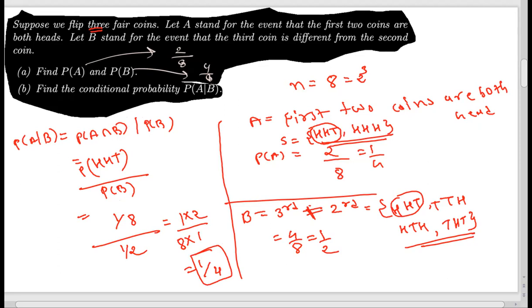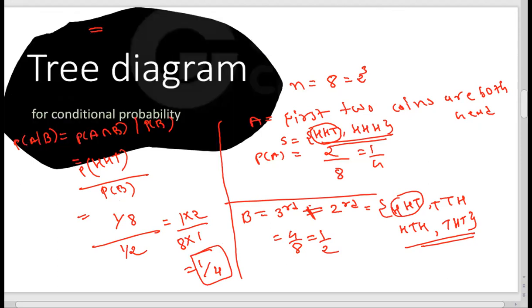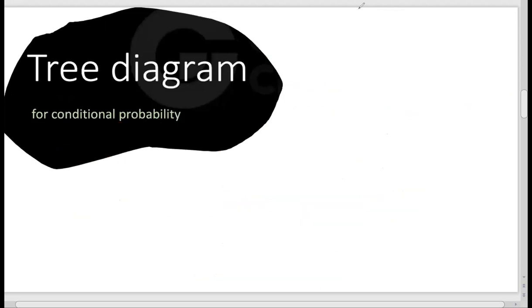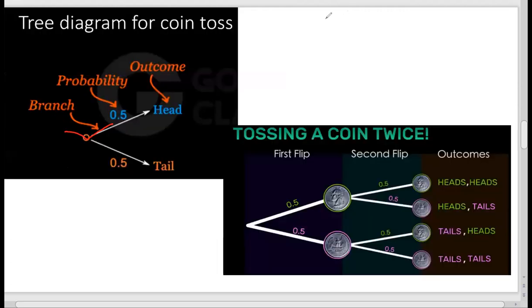Now, let's move to the next thing, which is the tree method. So what is the tree method or tree diagram? A tree diagram is for conditional probability. So how will it help to solve the problem? Let's say we have a tree diagram for a coin toss.